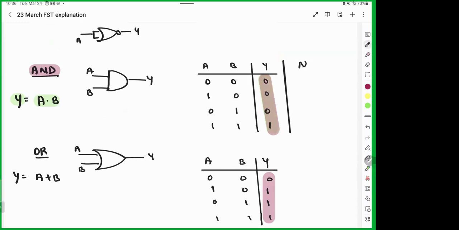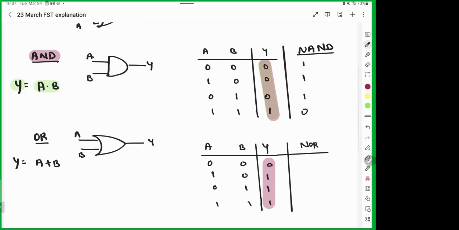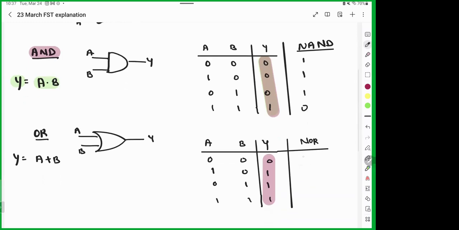For example, in case of the NAND gate, whatever is your AND, it will become opposite: 1, 1, 1, 0. If you have the NOR gate, then it will be the opposite of the OR: 1, 0, 0, 0. Done.